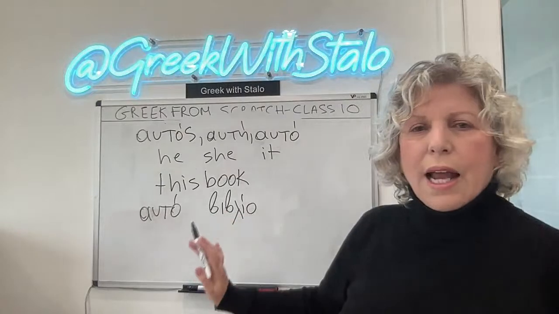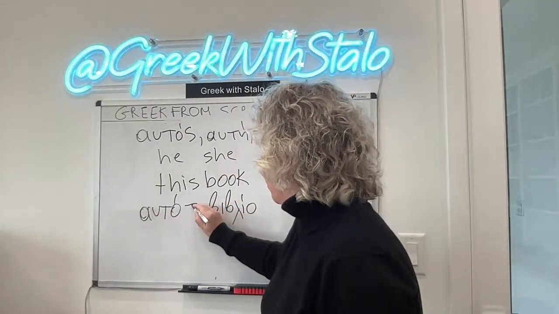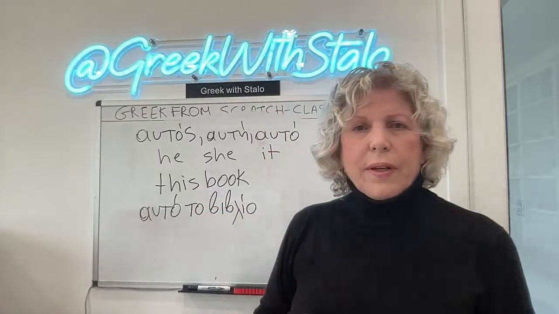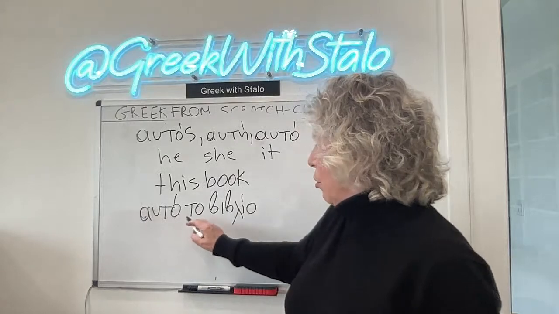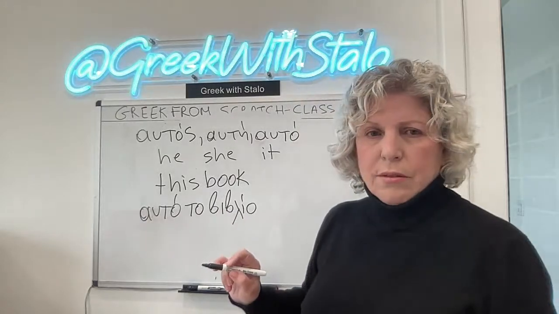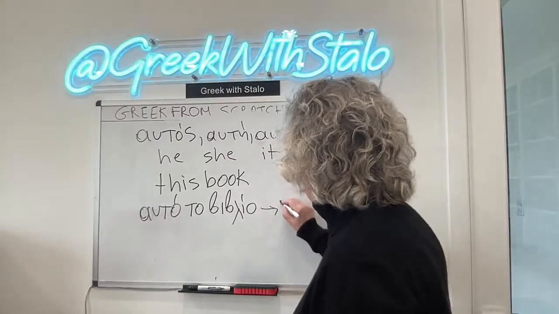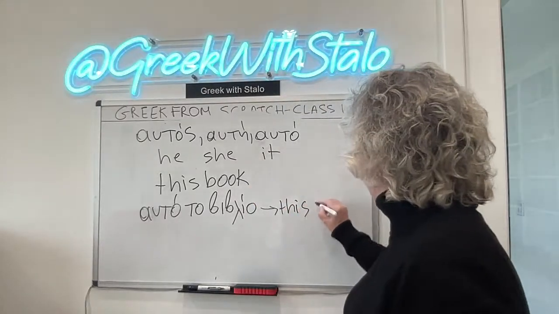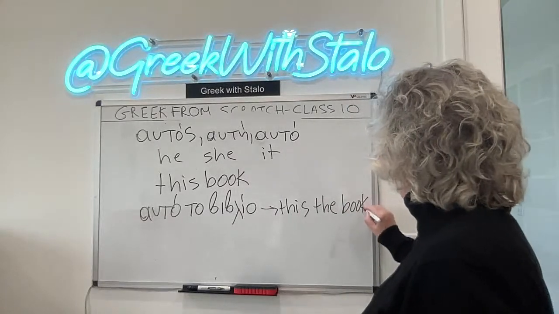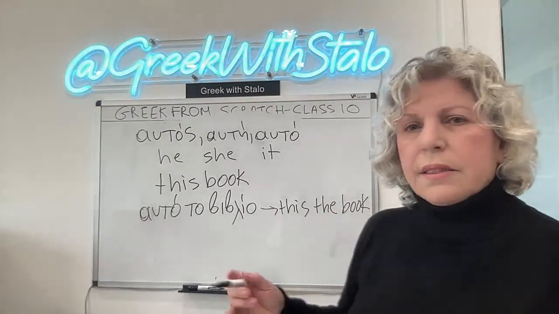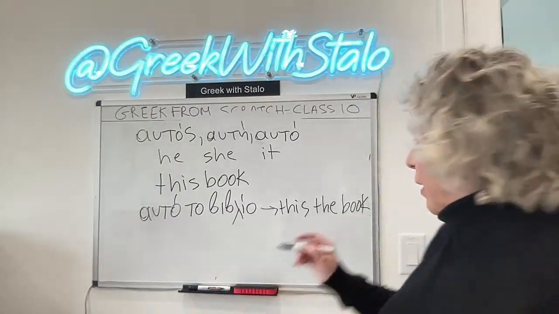Now, this is not enough though. It doesn't finish like this. We have to use a definite article there. So, αυτό το βιβλίο. It's like saying this, the book, but in English we don't, of course, say that.